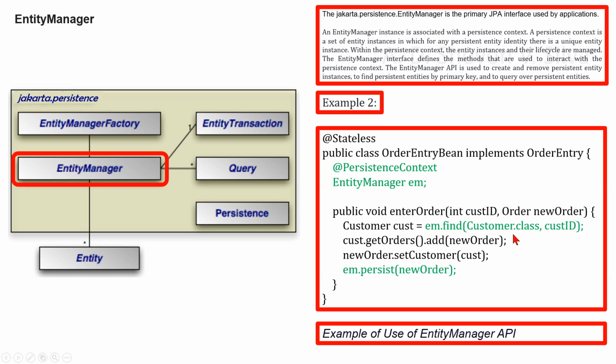And this is the entity class, the parameter, and this is the primary key. Here you can see the persist method, make an instance managed and persistent. Here you can see the parameter, the entity instance.